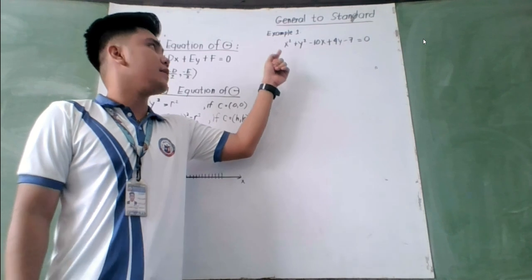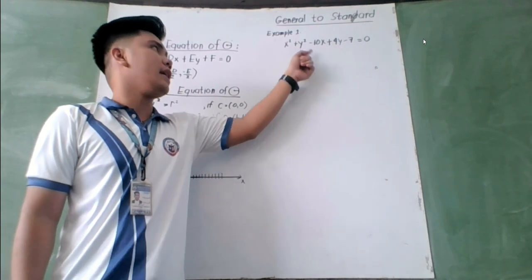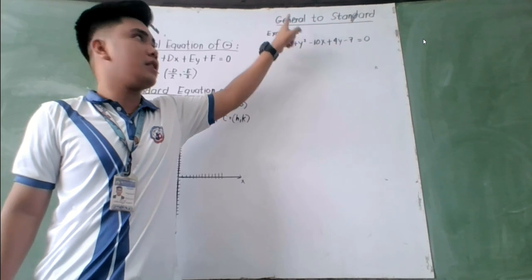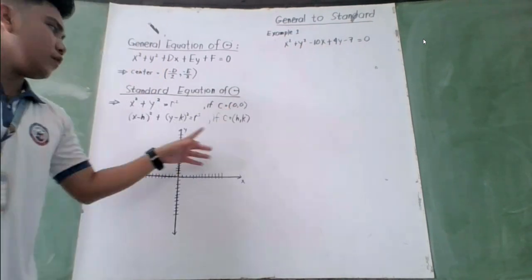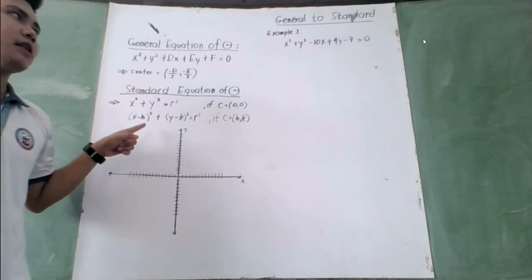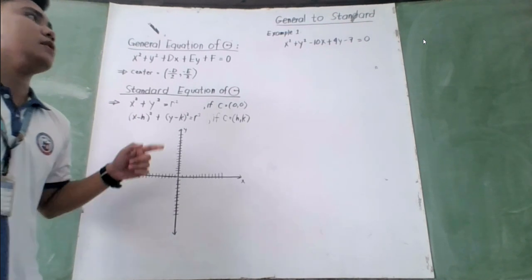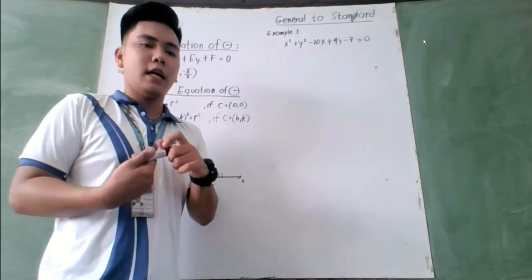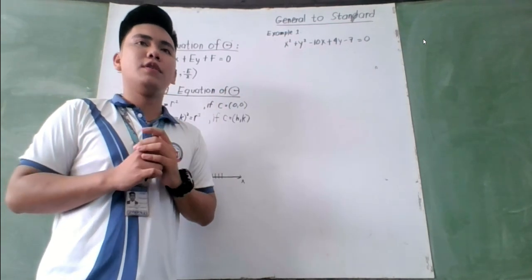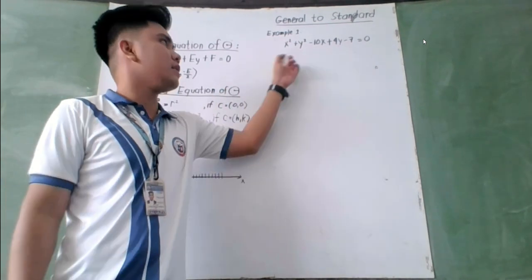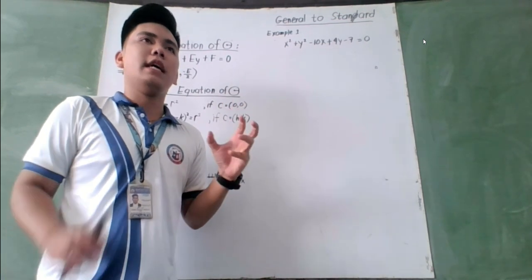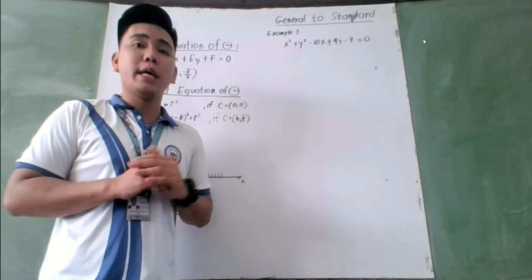x squared plus y squared minus 10x plus 4y minus 7 is equal to 0. Our goal is to make this general equation into the standard form, which will look like this or like this. The first thing you need to do is to arrange these terms according to their resemblance, or those that have the same variable.